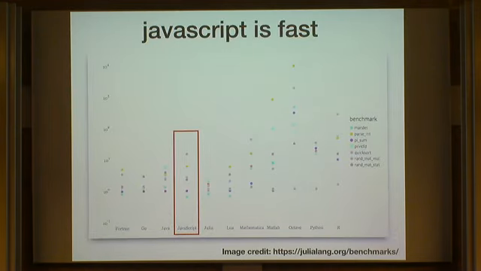Okay, so the other complaint about JavaScript is that it's not fast. Well, that's not true anymore. When I saw this graph, it blew me away because I just assumed that something like Fortran would be a factor of 100 times faster than JavaScript, because JavaScript is a garbage collected language, so you don't have to manage any memory.